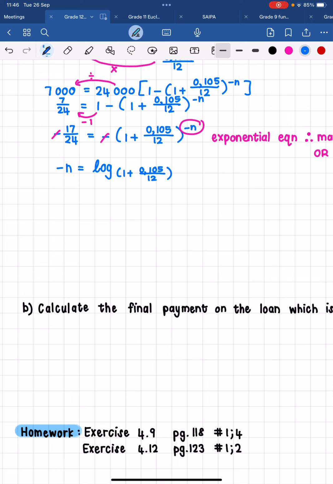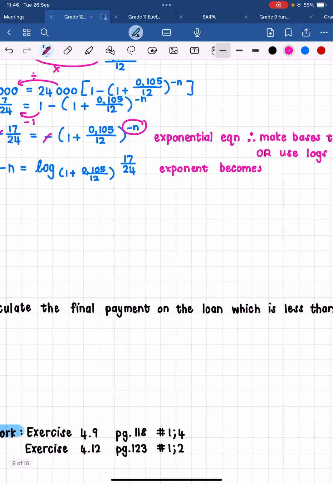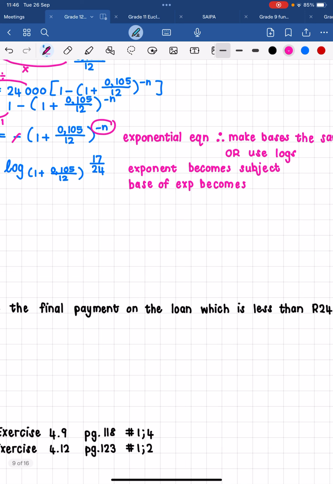And then what number is left? 17 over 24. So I'm just going to write on the side here, exponent becomes subject. Base of exponent becomes base of log.